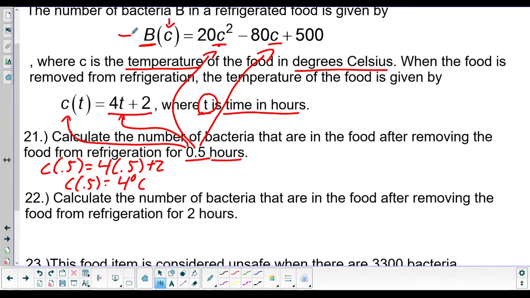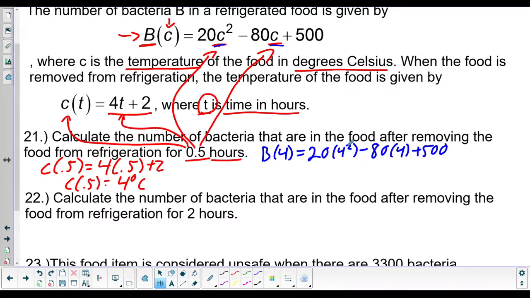That's what we plug into our bacteria equation. So let's go ahead and plug the 4 into C here, and then we'll simplify. So we have B of 4 equals 20 times 4 squared minus 80 times 4 plus 500.